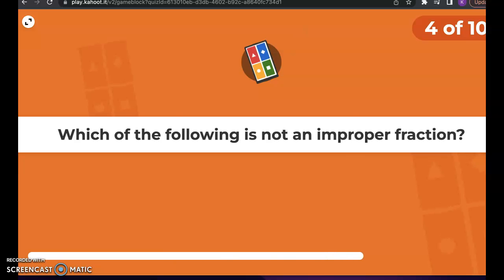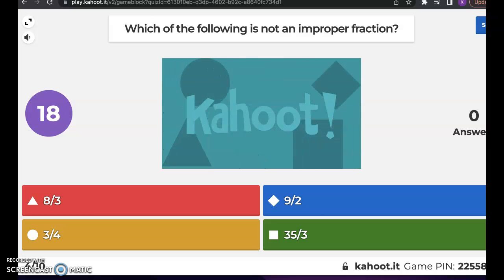Which of the following is not an improper fraction? Remember, improper fraction has a bigger numerator.